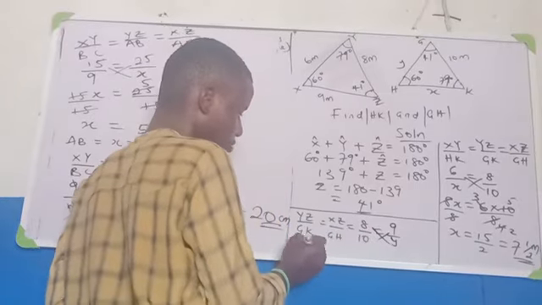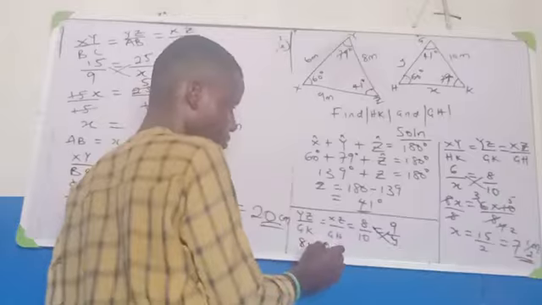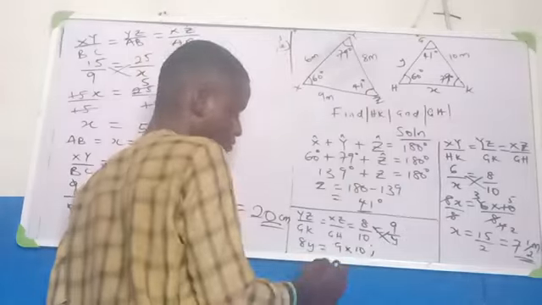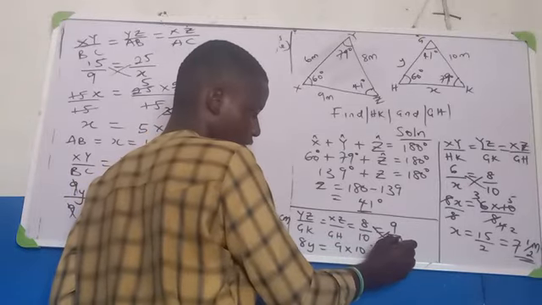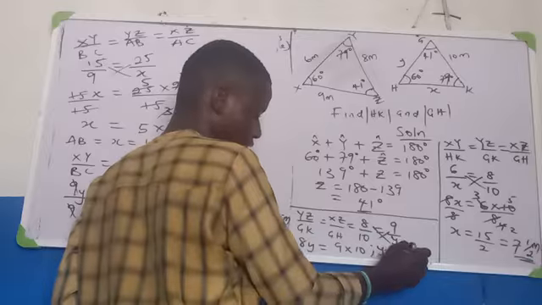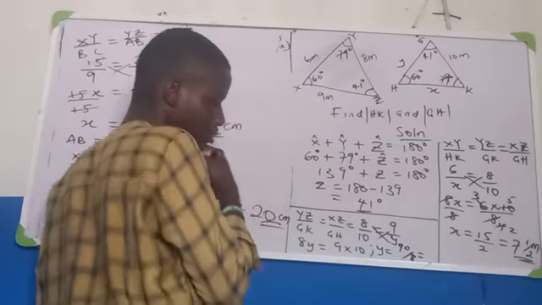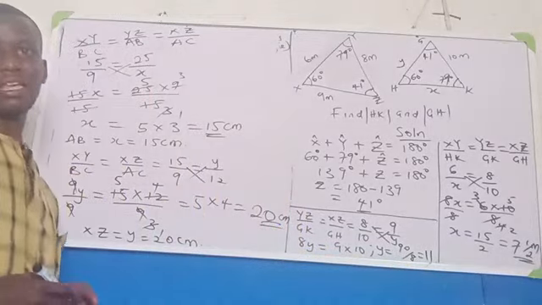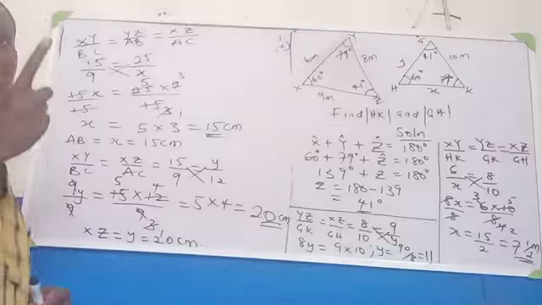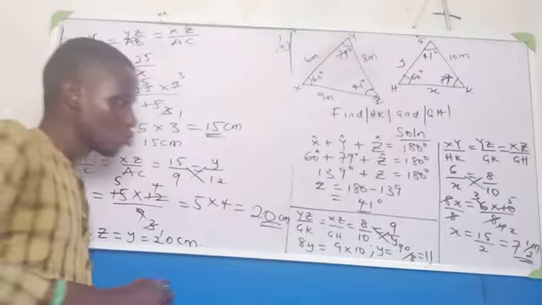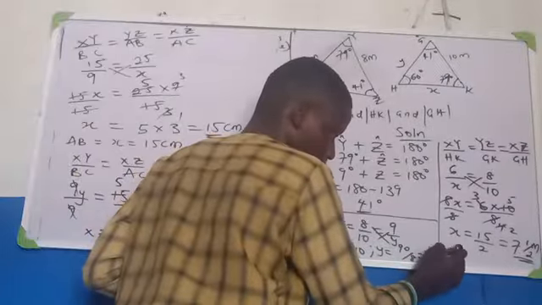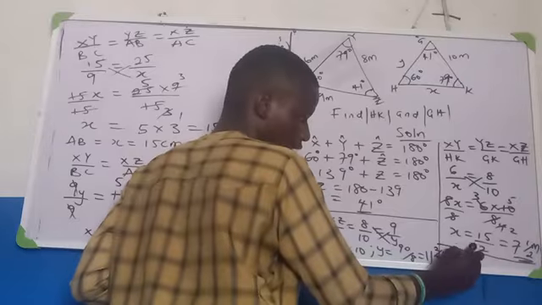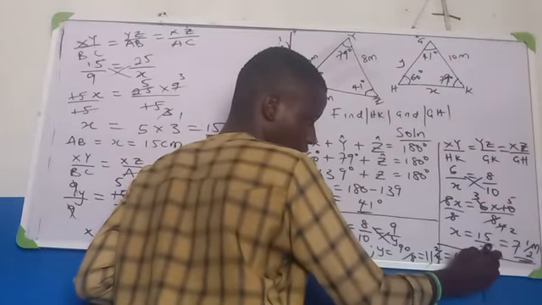Cross multiply, you get 8y equal to 9 times 10. So my y is equal to 90 over 8. 90 over 8 gives 11 whole number, that's 88, remainder 2 over 8, which you can reduce to 1 over 4. You have 11 1/4 meters.